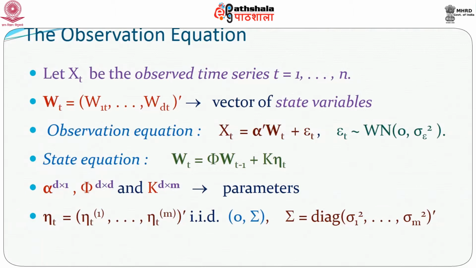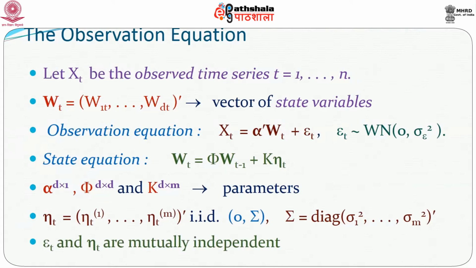Sigma is diagonal, with sigma_1 squared to sigma_m squared as the diagonal elements. That really means that the etas are independent among themselves. We also assume that eta_t is independent of the epsilon_t. That is, the errors in the observation equation and the state equation are independent of each other.